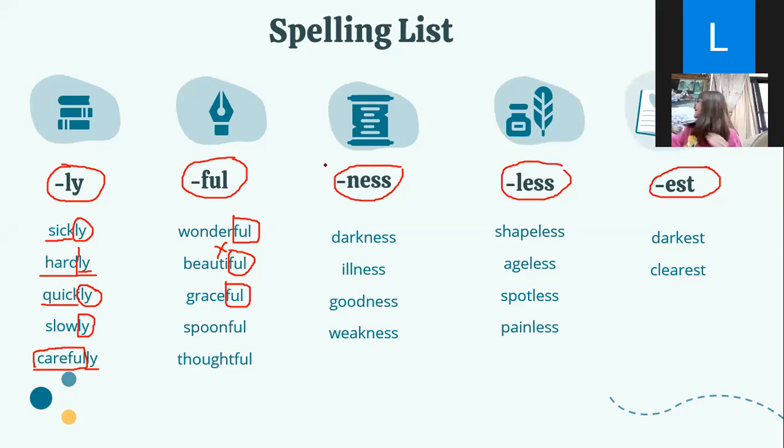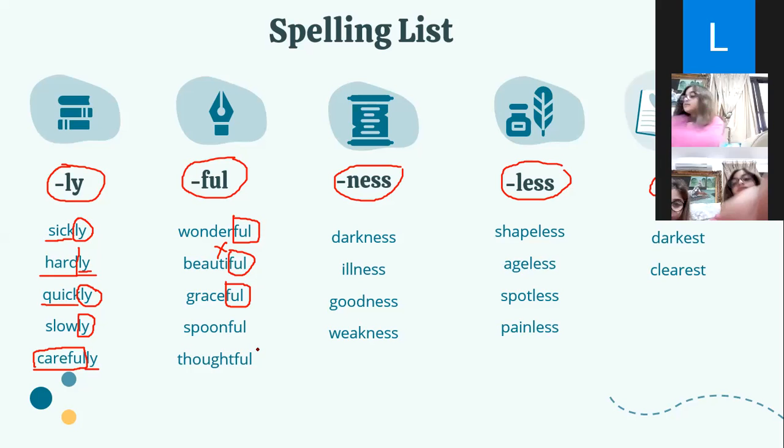I'm talking about a quantity, which is as much as a spoon can hold. Thoughtful. Thought is the main word, and we add the suffix ful to it, so it becomes thoughtful. Thoughtful is when you show consideration for others, you're caring about others.